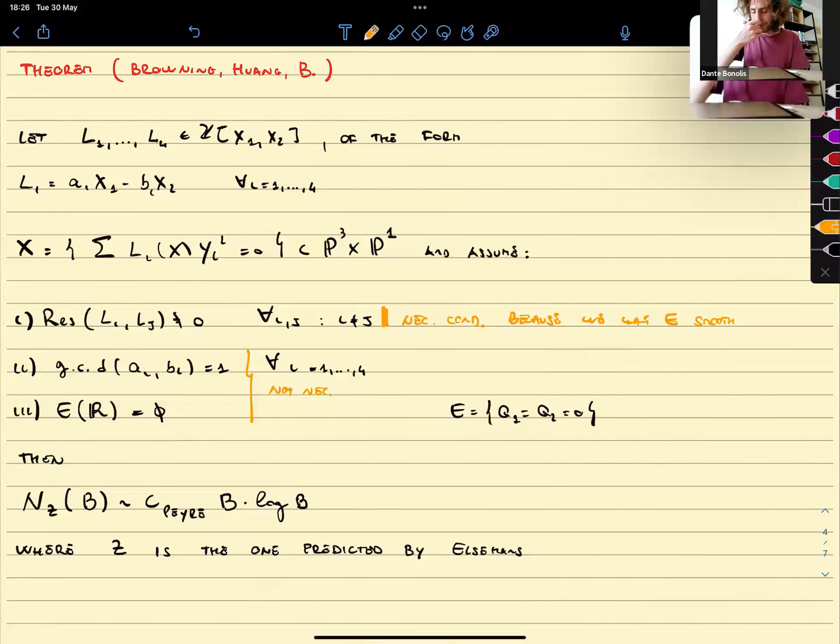Especially this one, it would be nicer not to have it there. We had a strategy to remove that, but the paper was already quite long, so we decided not to pursue it. I think they're both just technical assumptions. It's just to make the argument much easier, because it's already quite messy.